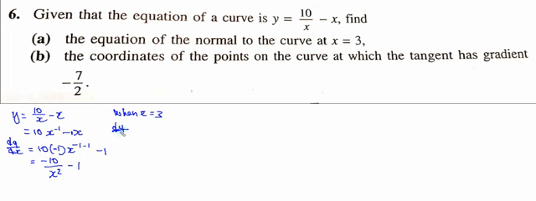Now, so when x equal to 3, dy/dx becomes minus 10 over 3 squared minus 1. This becomes minus 10 over 9, minus 1.